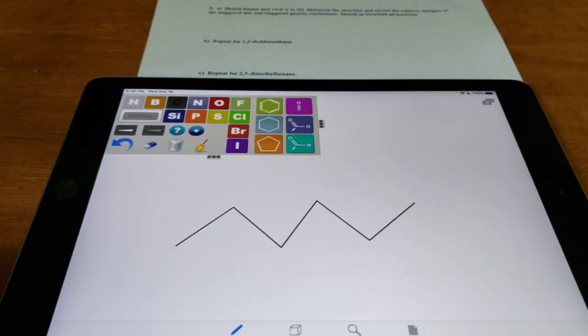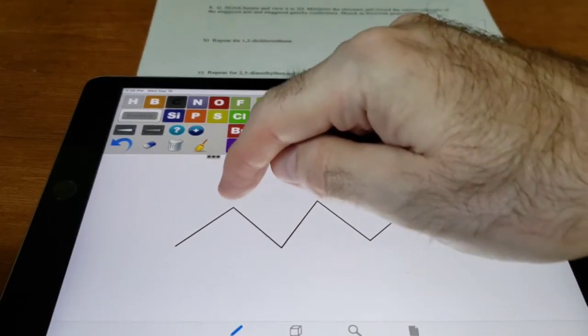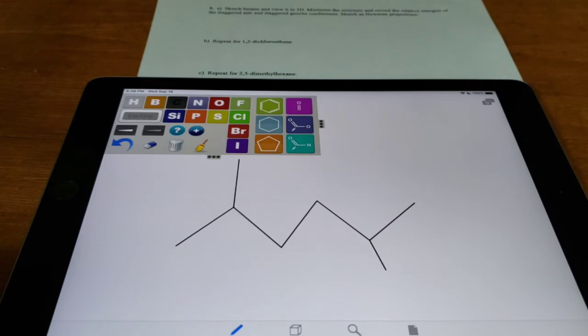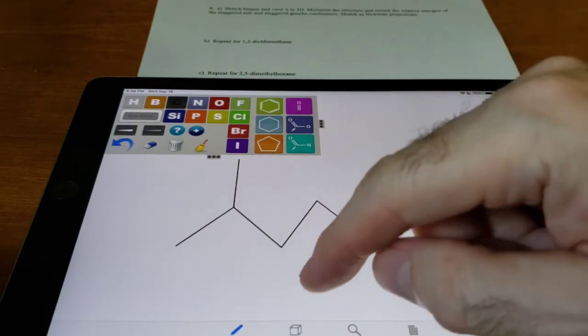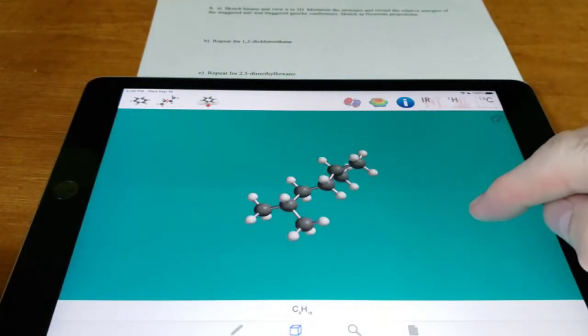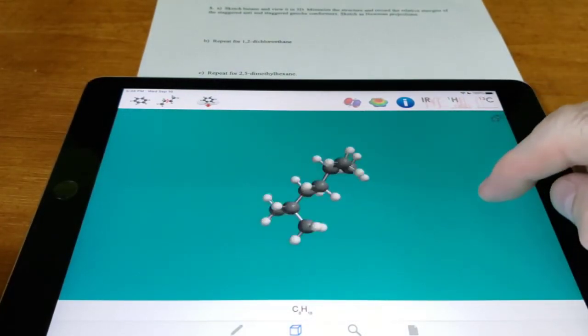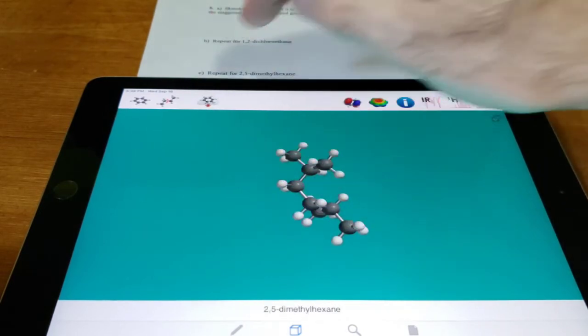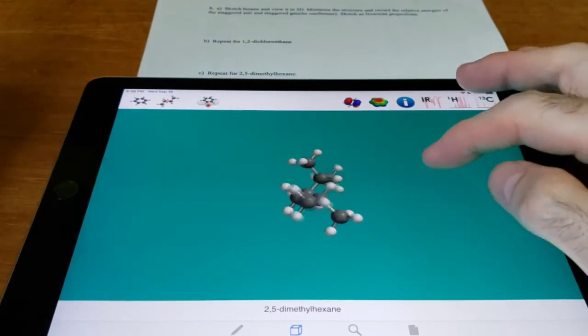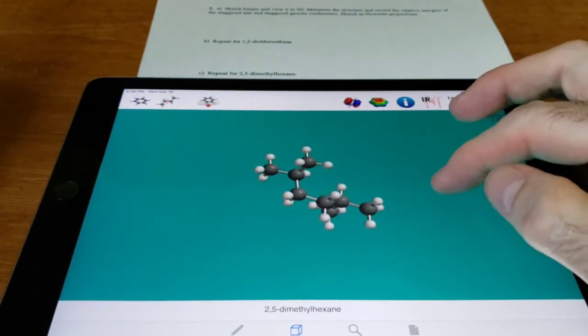There's the hexane, and then a methyl at the 2 and a methyl at the 5. This molecule right here. Let's minimize that. And it rewards us by telling us the correct name, so we know that we've got our structure correctly.